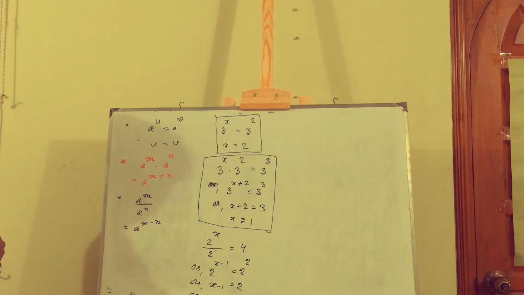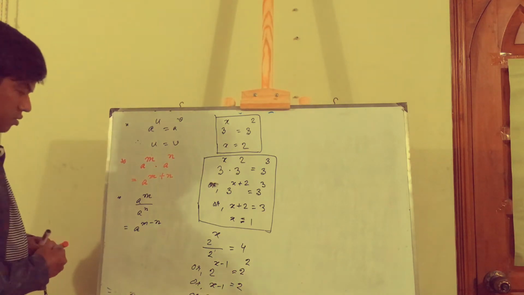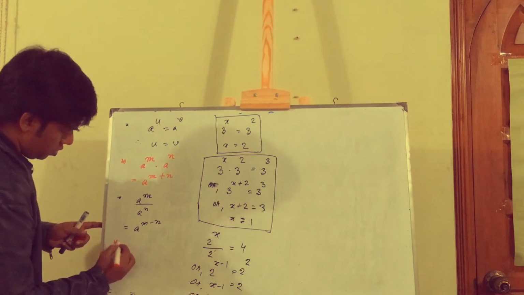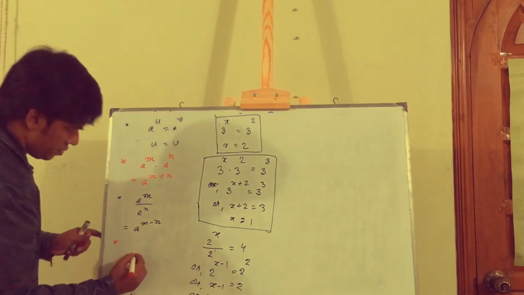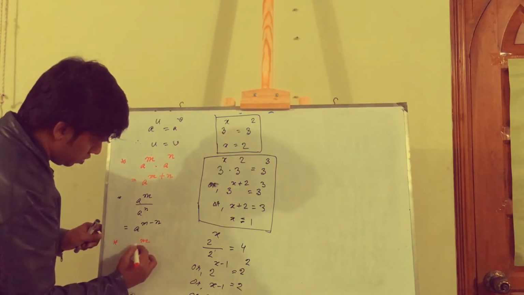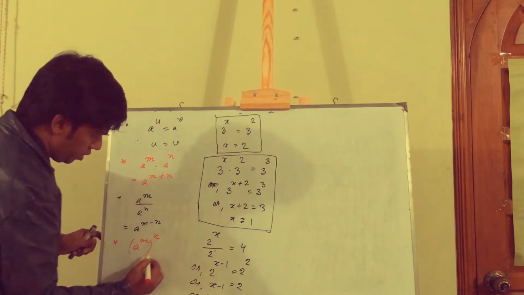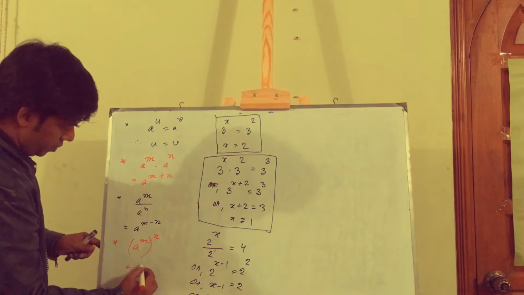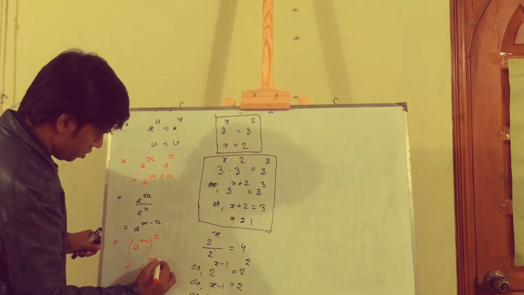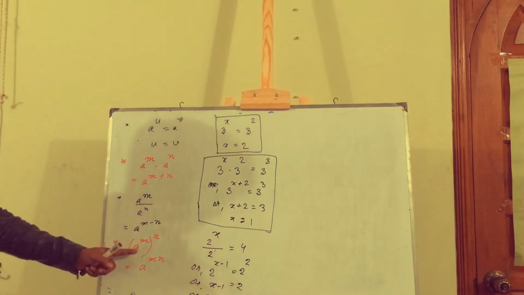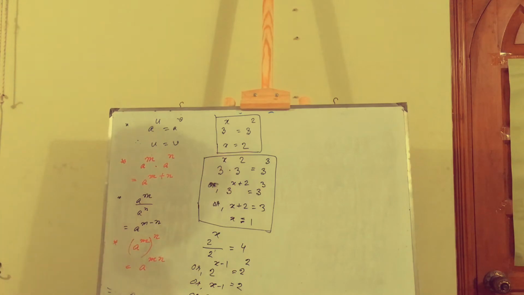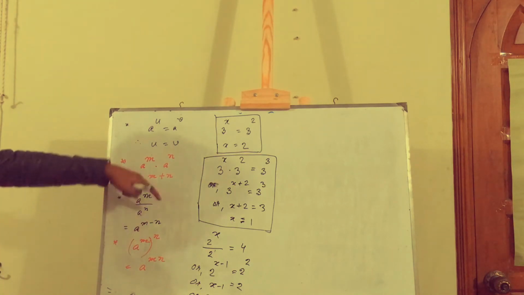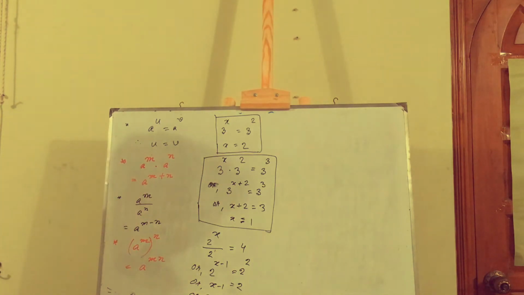Then let me write another theory. When you have something like a to the power m, all to the power n, then the powers get multiplied. So it will be a to the power mn, and vice versa. If it is a to the power n to the power m, again it will be mn.